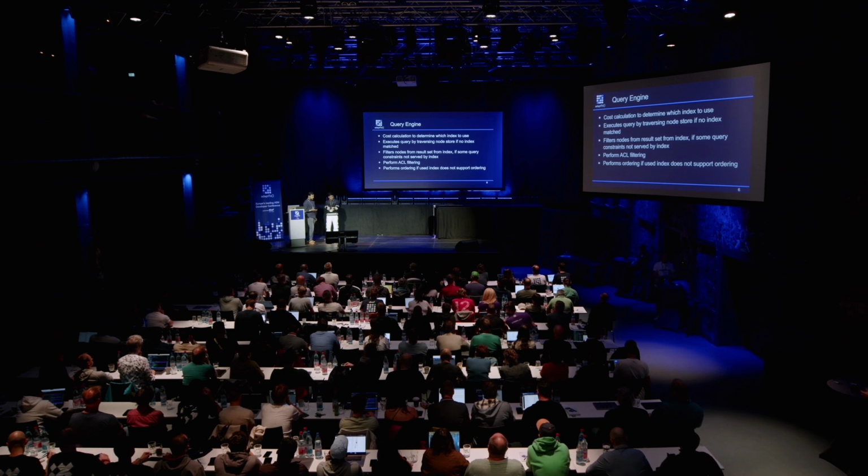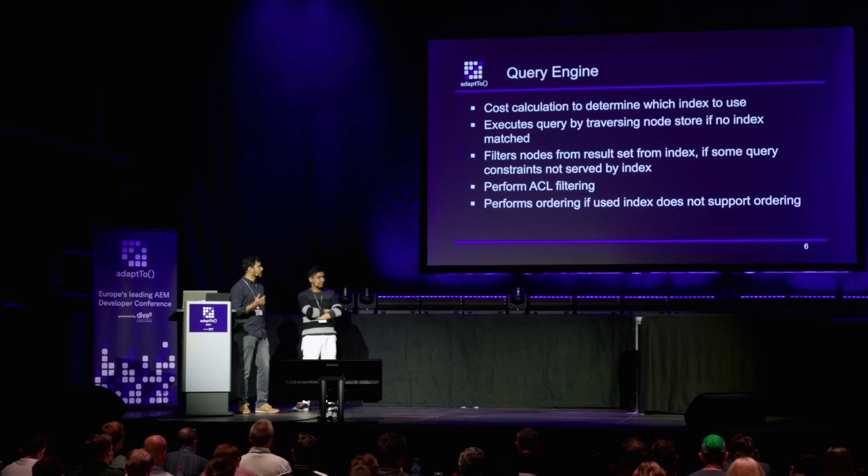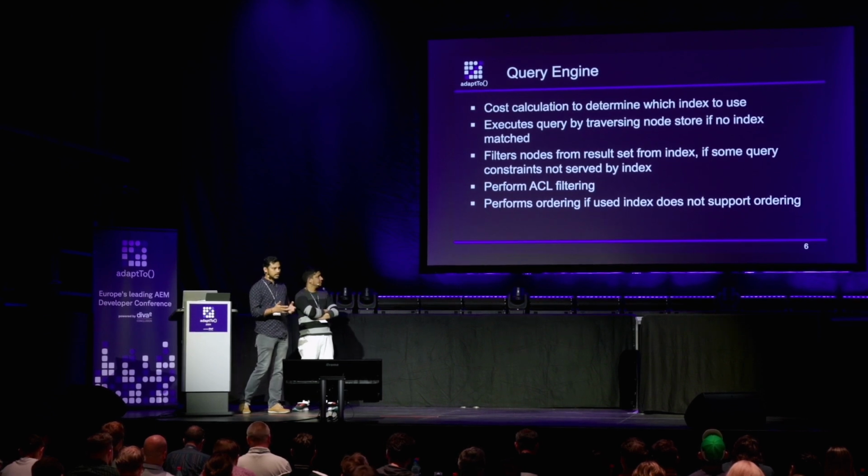For example, let's say the index is not ordered, it doesn't have the ordered property for a particular property. When the query executes, you will get jumbled up results, and the query engine will finally sort those in memory and give you the results.